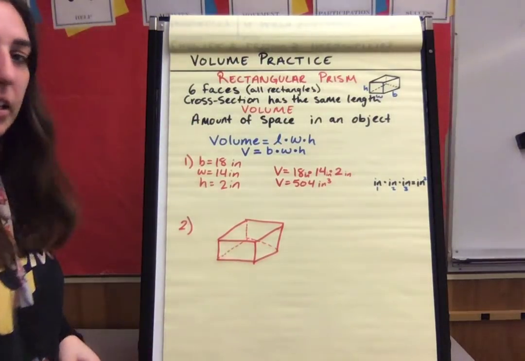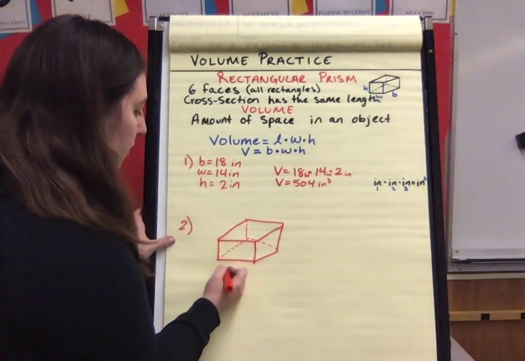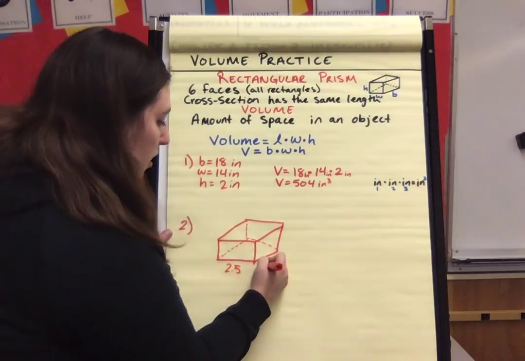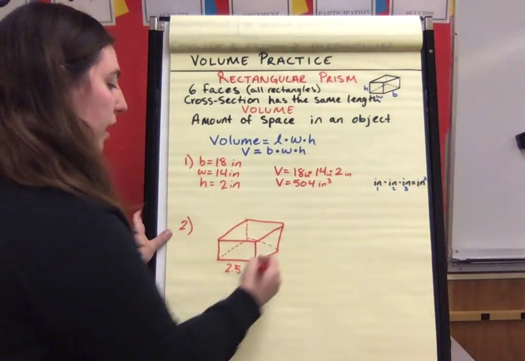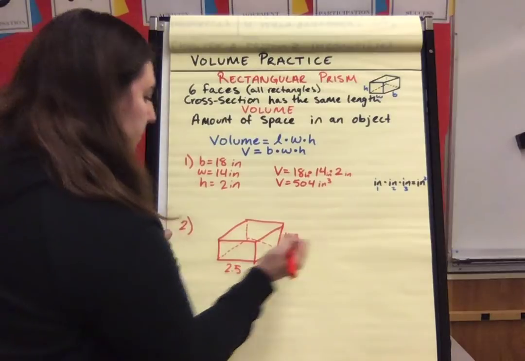Okay, you guys get the idea, right? Hopefully. All right, so let's say this is 2.5. This is 1.8. And our height is going to be 4.3.